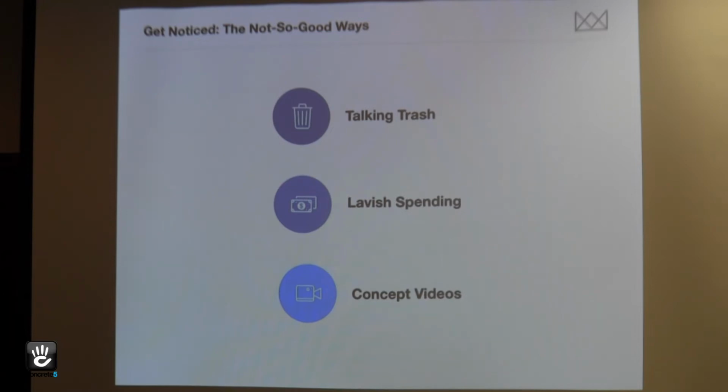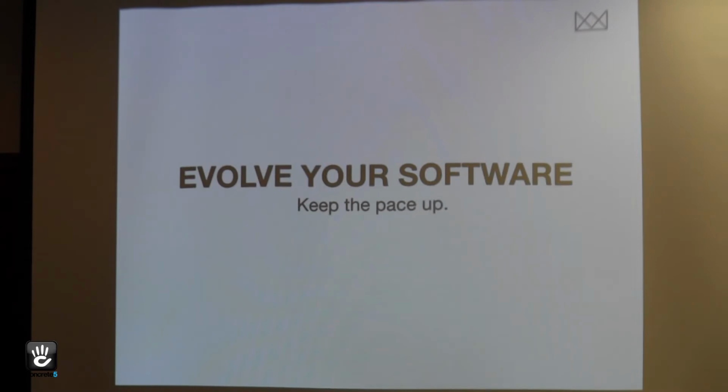So if you do these things, you will start to grow a community of people who are using your stuff. Hopefully it might be a few hundred people, it might be 1,000, but you will have people now, and now you get to deal with people. So what you need to do now is evolve your software now that you've got some people using it.